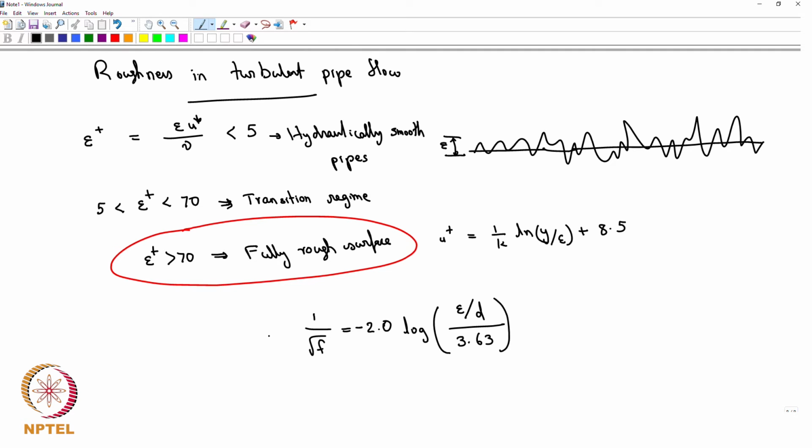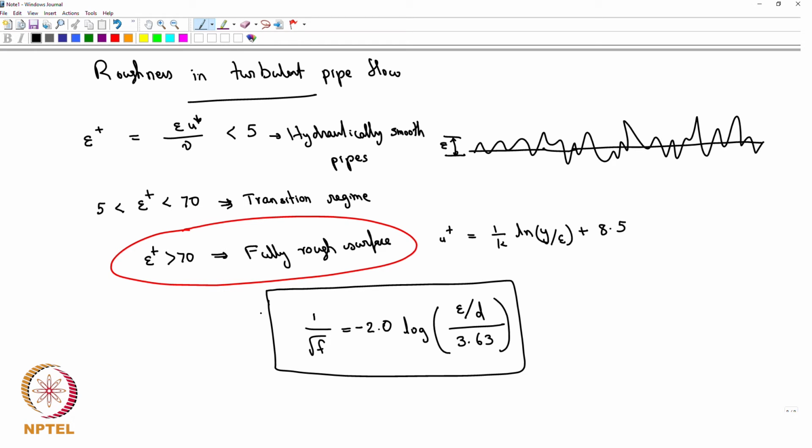You are expected to get this relation for the friction factor. And what you find is that you wanted the expression connecting Reynolds number and friction factor, but you don't see that. The Reynolds number will go away, and the only factor that would remain would be epsilon by d, where epsilon is the thickness of the roughness and d is the diameter.